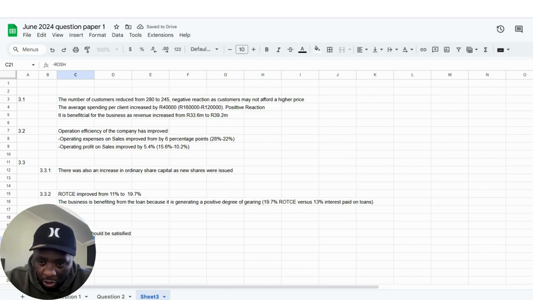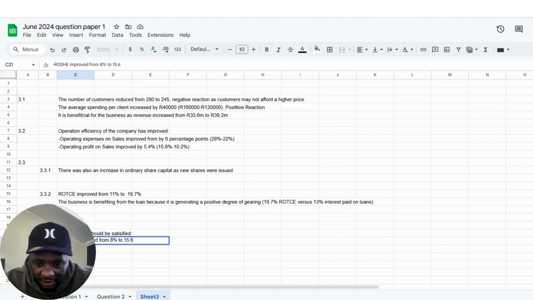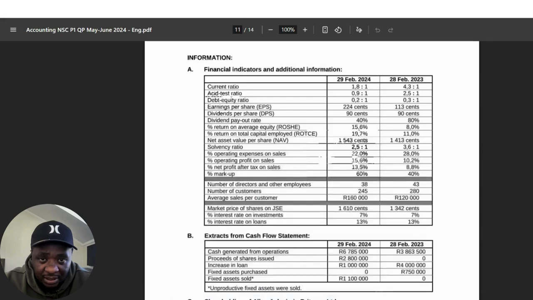We're going to say ROSHA improved from 8% to 15.6%. Then we're going to point out again the similar thing as in the previous question, that the fact that now we have 15.6% that we generate, and we compare this with the interest rate on the investments.